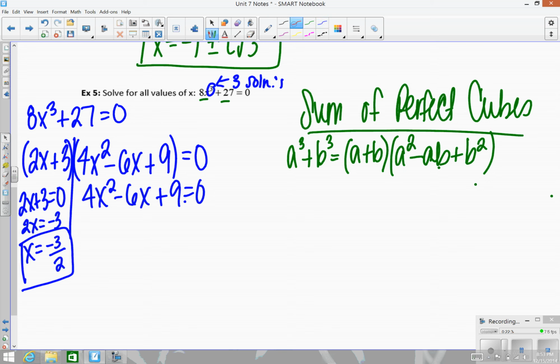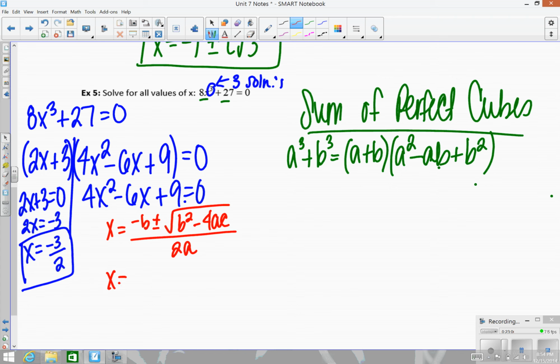And in order to solve this quadratic, I wouldn't guarantee that it's factorable. You could try factoring it, but if you looked at it for completing the square, it's not going to work out very nice because you have a leading coefficient of 4 and you can't divide by 4 easily. So this is one where I would use the quadratic formula. So I get negative b plus or minus the square root of b squared minus 4ac all over 2a.